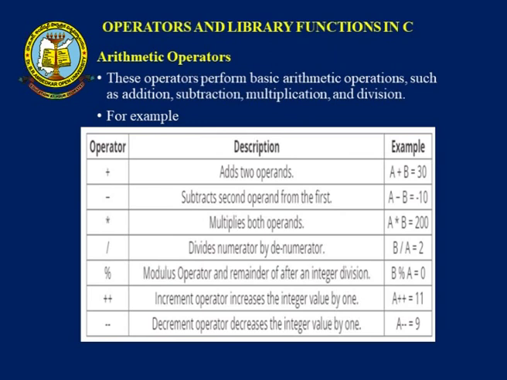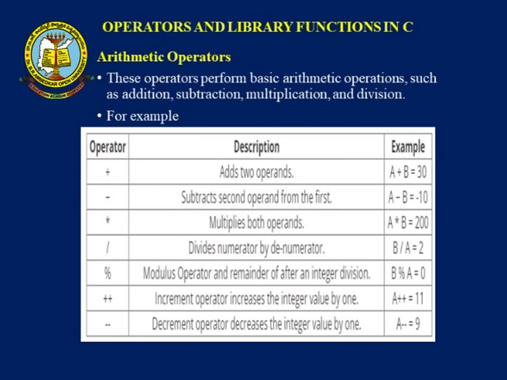See the examples. Modulus is used where it will give you the remainder. Suppose 10 modulus 2, what does it mean? It will give you 0. You should know the difference between divide and modulus: divide gives you the quotient, whereas modulus gives you the remainder.